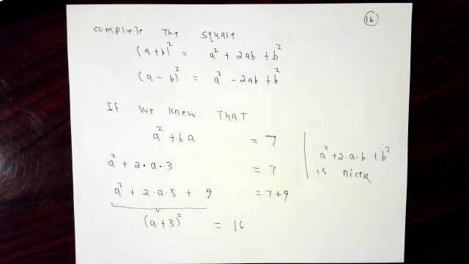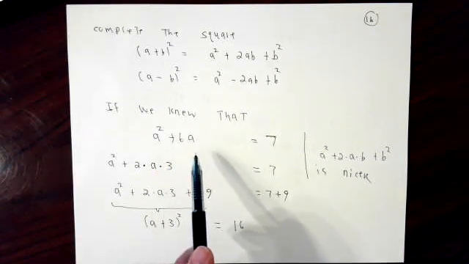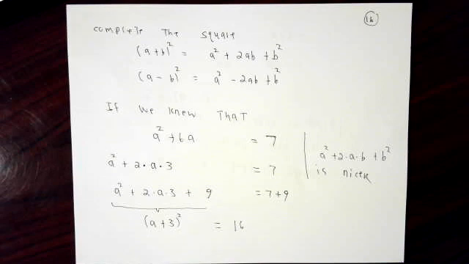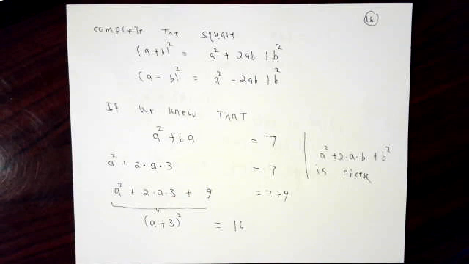Suppose I had some number a, and all I know about a is a squared plus 6a. I happen to know that that's equal to 7. I'm looking at that a squared plus 6a, and I want to think of it as being a squared plus 2 times a times something.